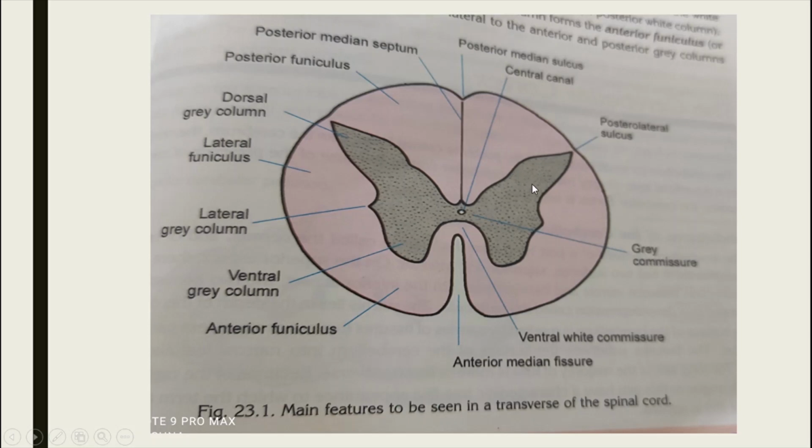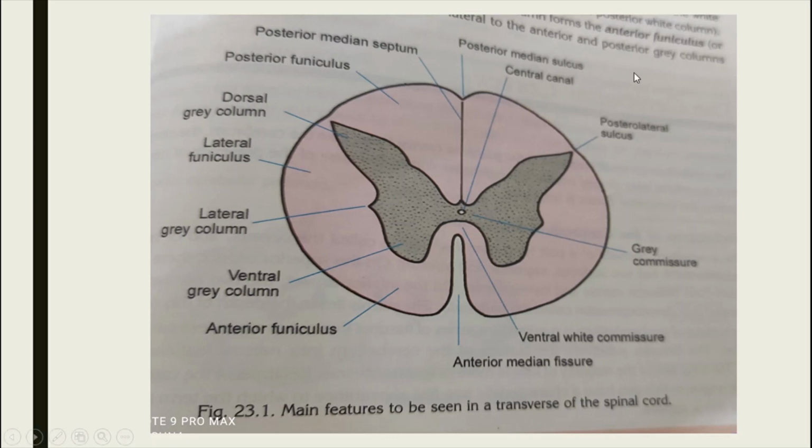Like that, in the grey matter also, the posterior extending part is named the dorsal column or posterior column or posterior horn. The anterior extension is named the anterior or ventral column or ventral horn.